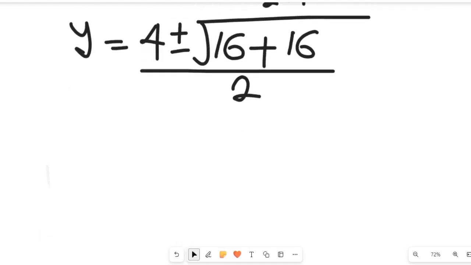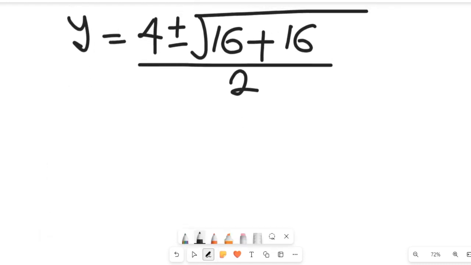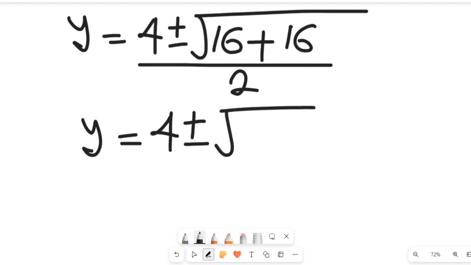Great. So that expression will now give us y equal to 4 plus or minus the square root of 32 divided by 2.